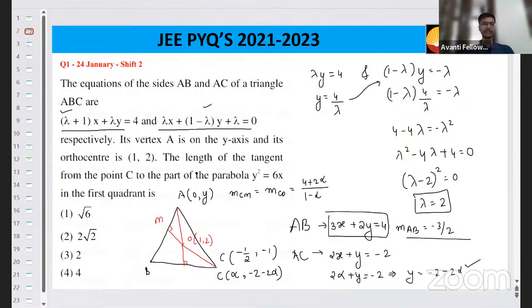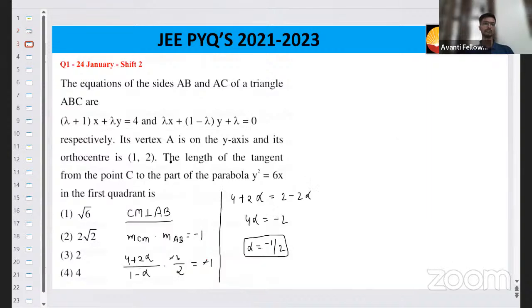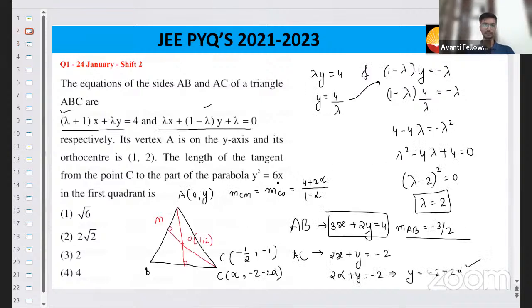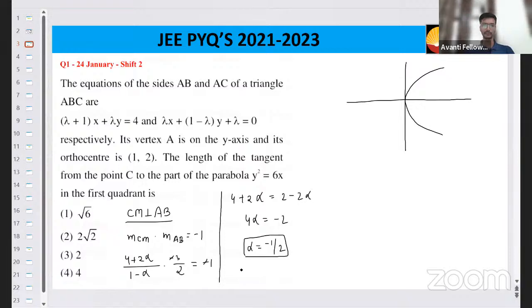Now, it is given that from C, a tangent is drawn to the parabola in the first quadrant. So let us try to draw a diagram here, guys. The parabola is y square equal to 6x. And as you can see, point C is minus half, comma, minus 1.